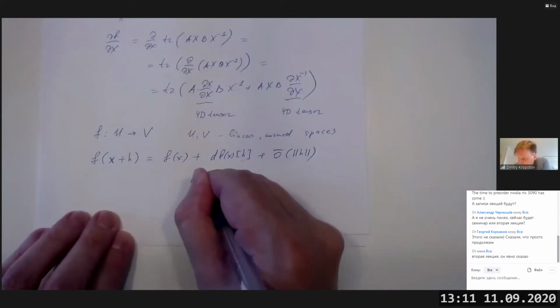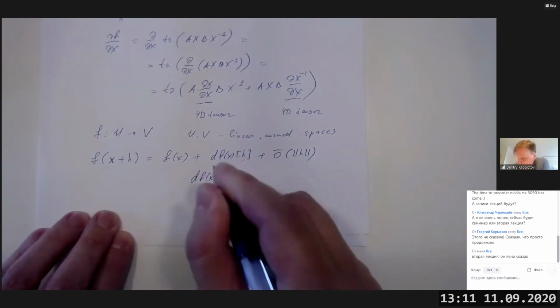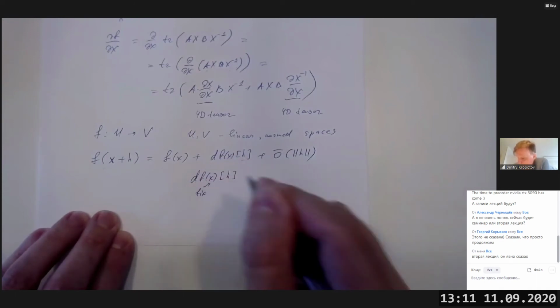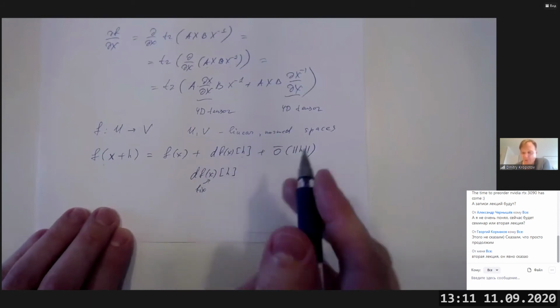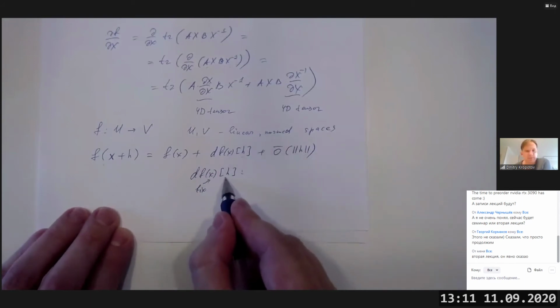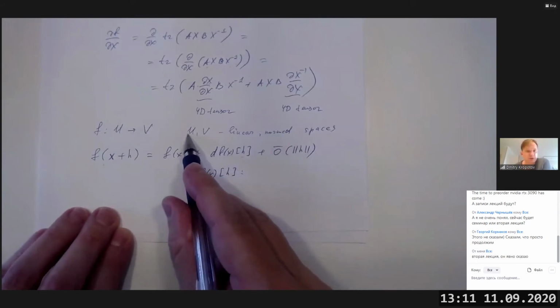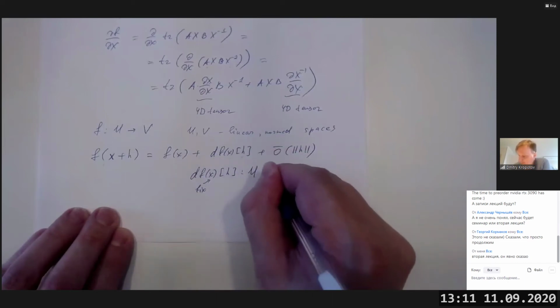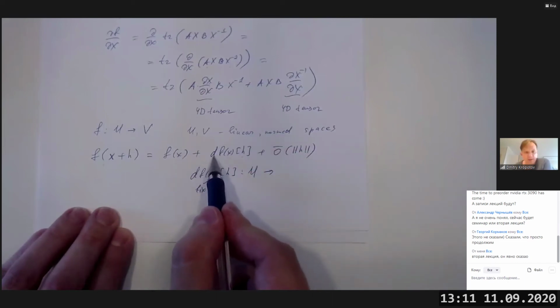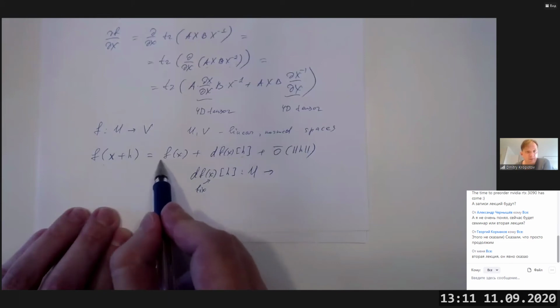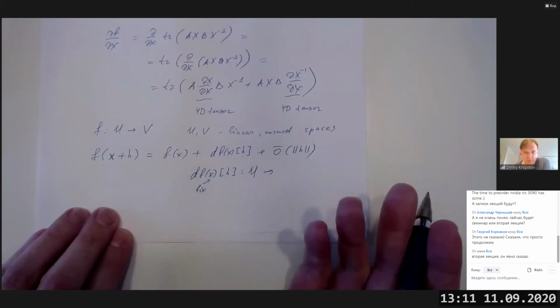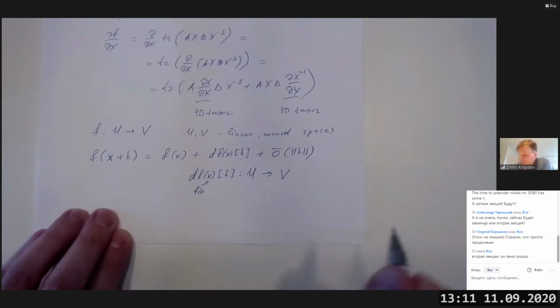So if we fix this x, this differential takes an element h, which is an element from U, and outputs an element from V, from the same space where f lives.